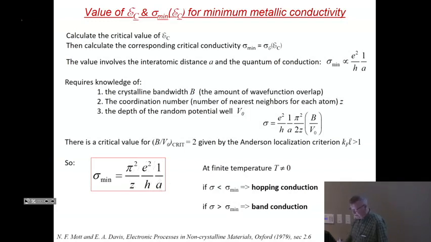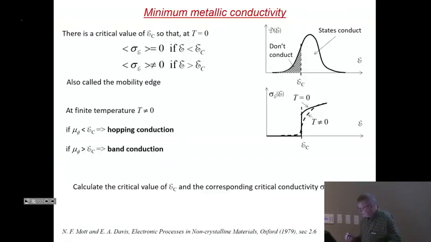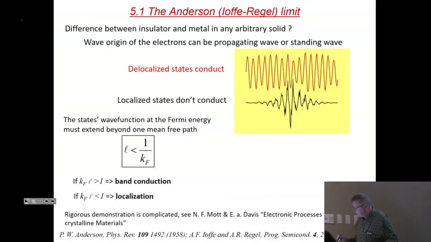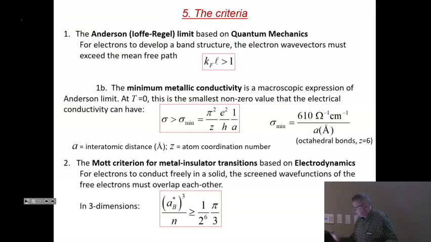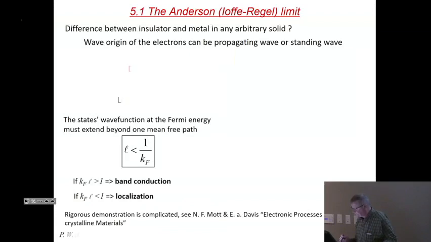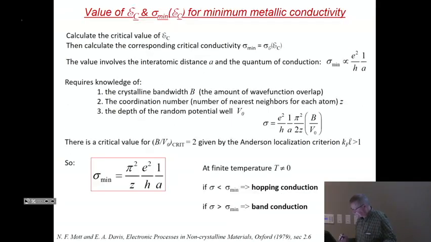That's the formula we had before. So this z is 6 in the example that I gave here. That's the z. There we go. That's minimum conductance.